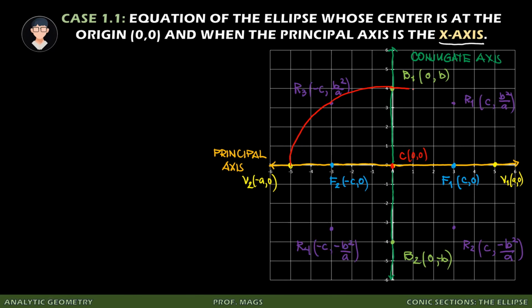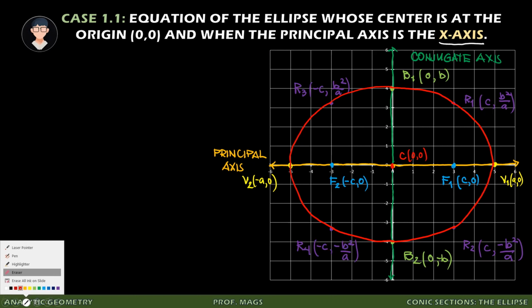We have b sub 1 to r sub 1, then r sub 1 to b sub 2. Then the same goes downward: b sub 2 to r sub 4, then r sub 4 to b sub 1, b sub 2 to r sub 2, then r sub 2 to b sub 1. So this is our ellipse when the principal axis is the x-axis.